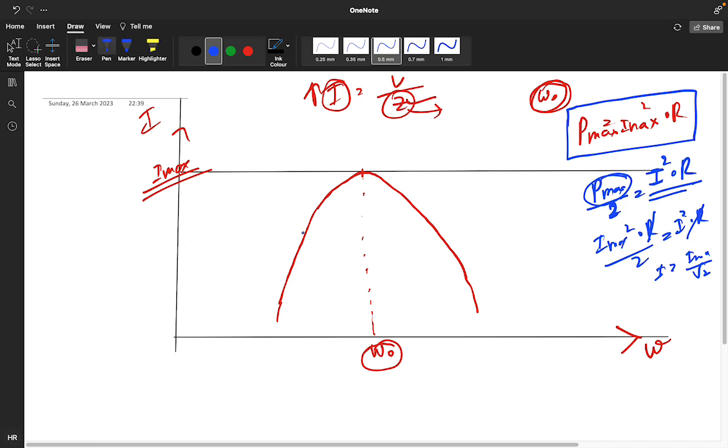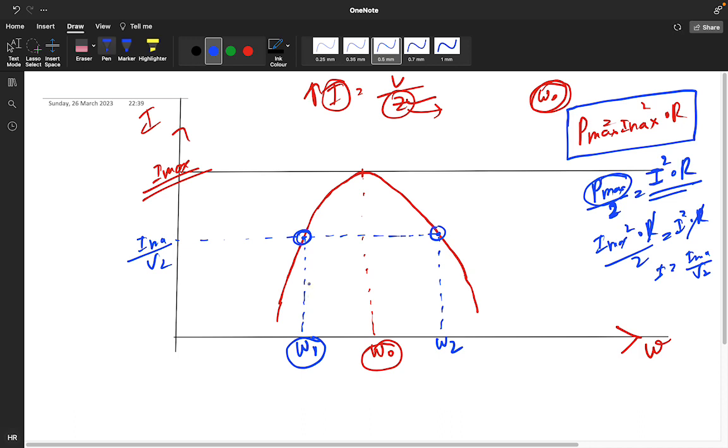So suppose I am getting I max by root 2 here. These particular graphs are symmetrical, so two values will come. Here also you will get I max by root 2. So I am assuming this is my omega 1 and this is my omega 2.